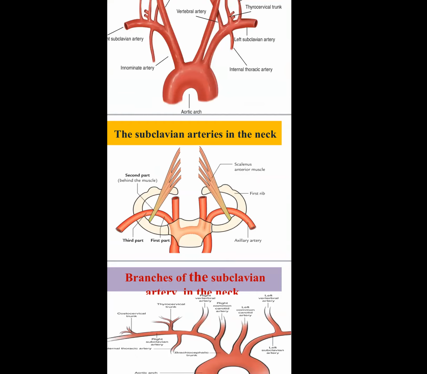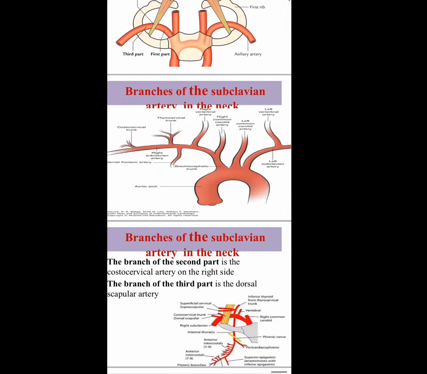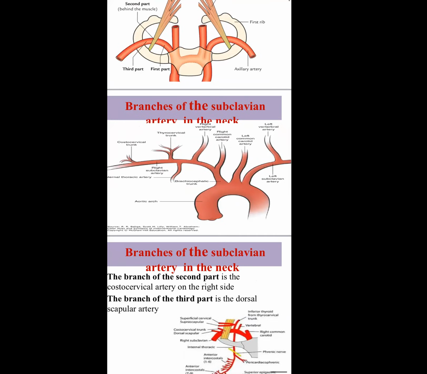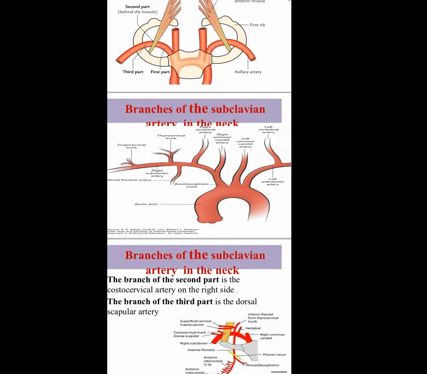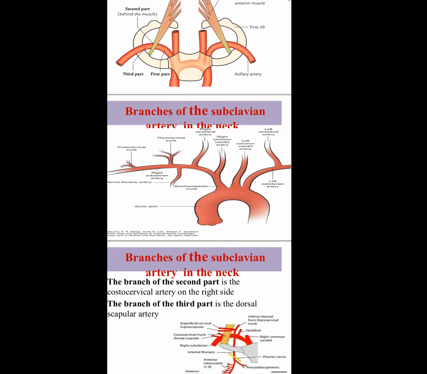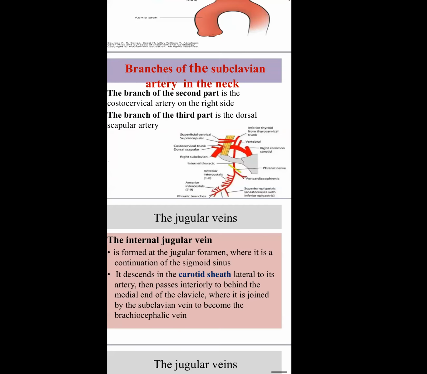The first part of the subclavian artery has four branches. The first one is the vertebral artery. Second one is the internal thoracic artery, thyrocervical trunk, and costocervical trunk. While the branch of the second part is the costocervical artery, while the branch of the third part is the dorsal scapular artery.